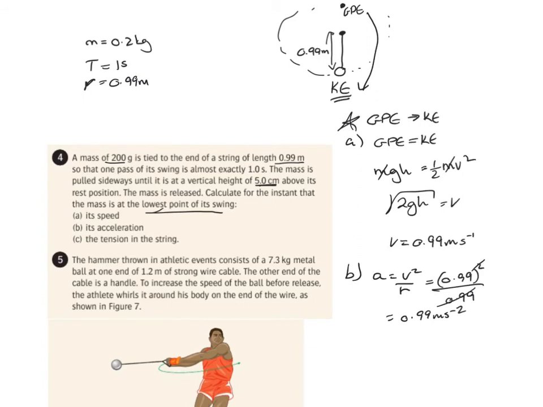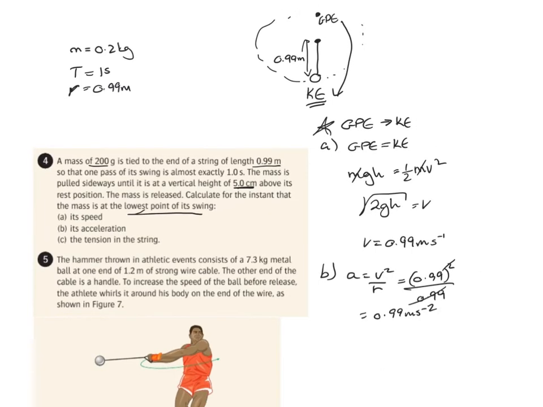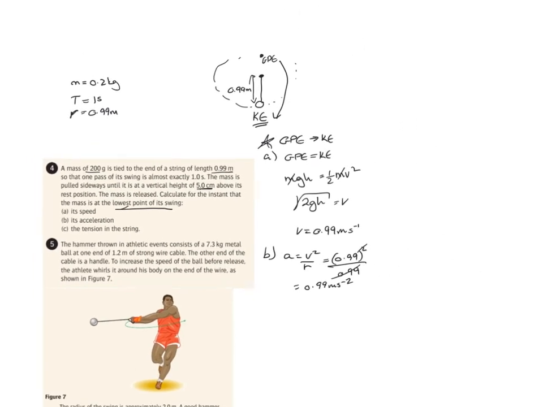And then you have to calculate the tension in the string. Now, the idea is that you need to make sure that at the bottom of its swing, you know exactly what's taking place. So if this is my circular motion that it moves through, and this is the string with the mass, I have two forces acting on the mass at the lowest point of its swing.